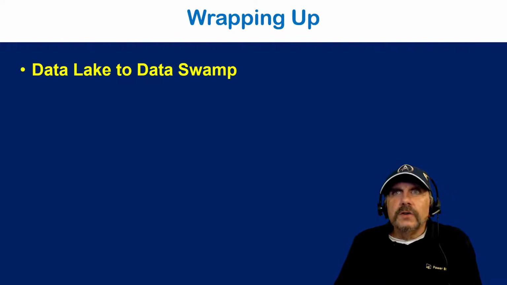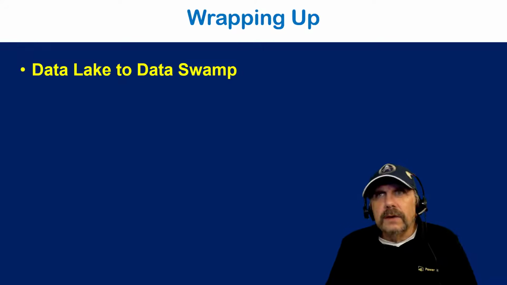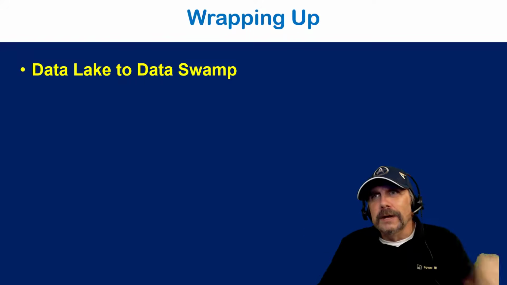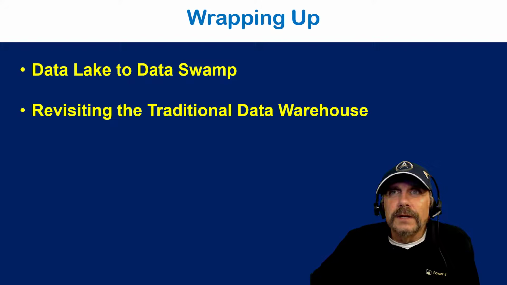So we started out by talking about the data lake to data swamp and the idea that, wow, we can handle big data, and everybody jumped on board and got so excited that they thought that the magic of this technology meant we didn't have to do any work anymore, just throw it out there and analyze. And that disillusionment was identified pretty quickly. Then we looked at, as Databricks did, what the traditional data warehouse did and how we get some of that functionality back that we need in the data lake world.